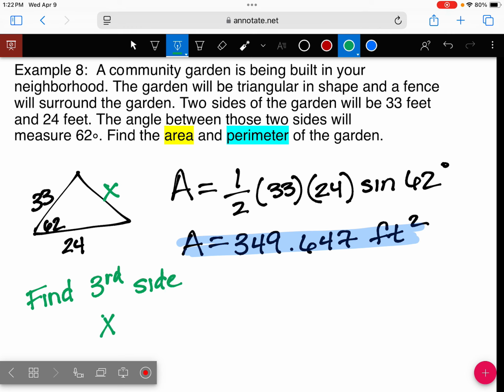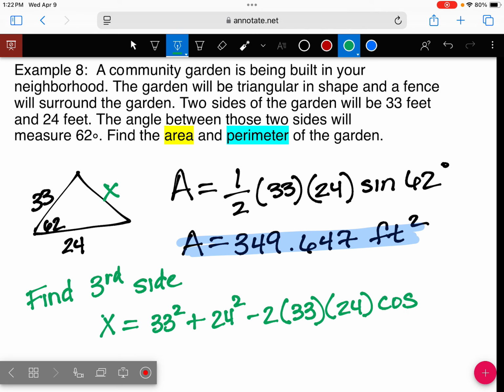So that would be X equals the two sides that we know squared, minus 2 times those two sides multiplied by the cosine of 62. So I'm going to kind of skip a step because that's really X squared.